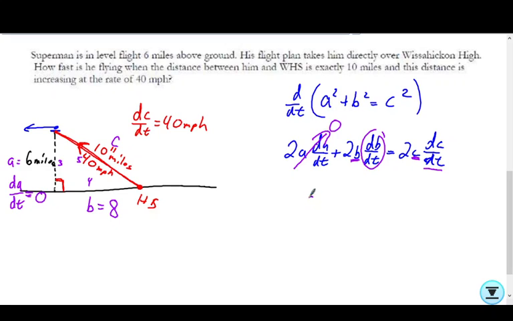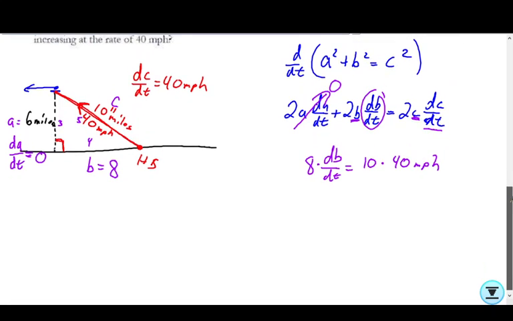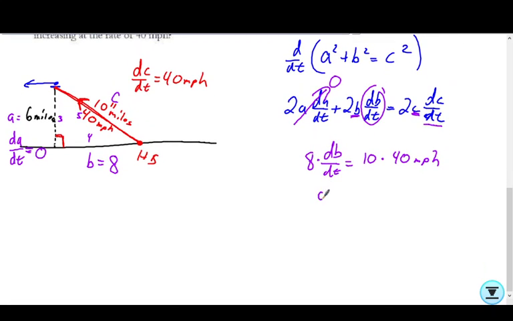So this is 8 times dB over dt equals 10 times 40 miles per hour. So dB over dt equals 10 times 40 over 8 miles per hour, which is 50 miles per hour.